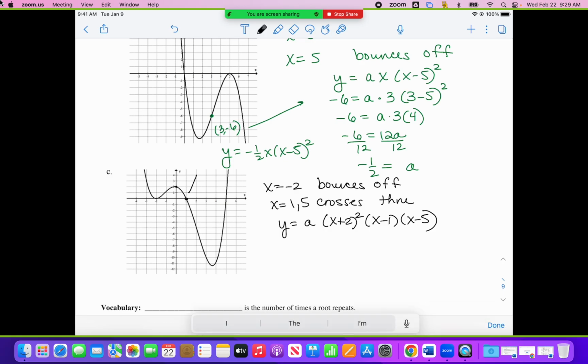All right, I've got a dot here at 1, 0. So let's do 0. Ooh, I can't use that one, can I? I can't use an x-intercept, because that's one of our factors. Here was my other dot. I had 0, 2.